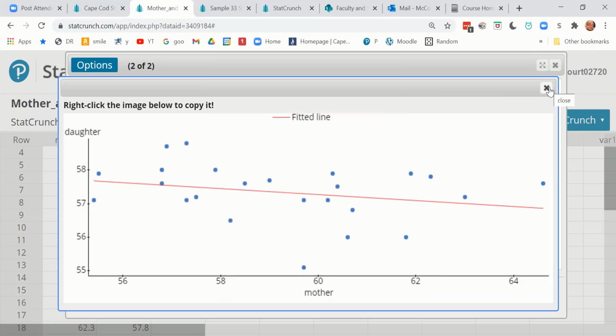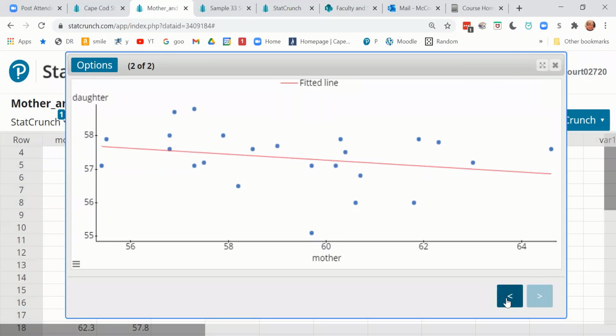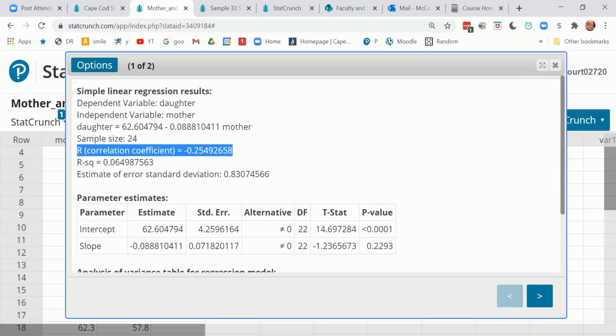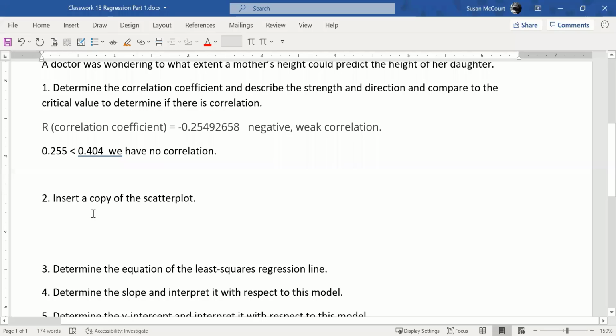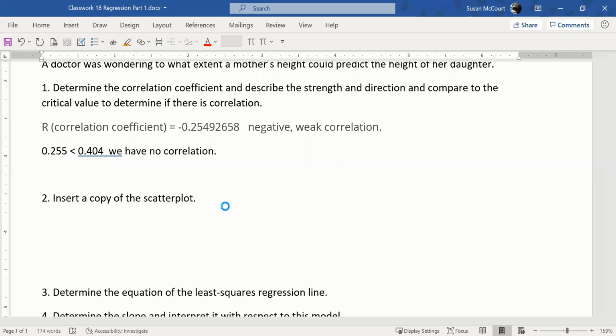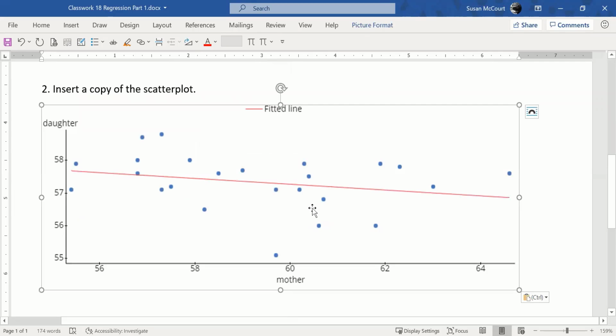Or if you need to, save it as a picture and then insert the picture, depending on your computer. Then going back to my Word file, I have it there. Okay.